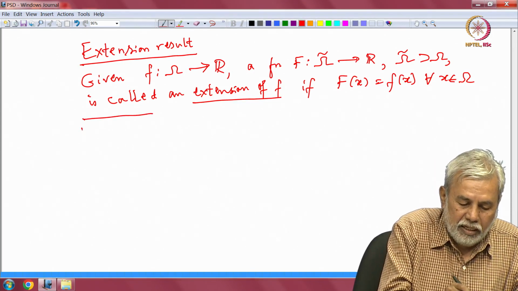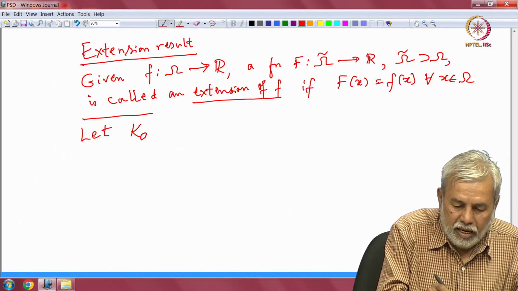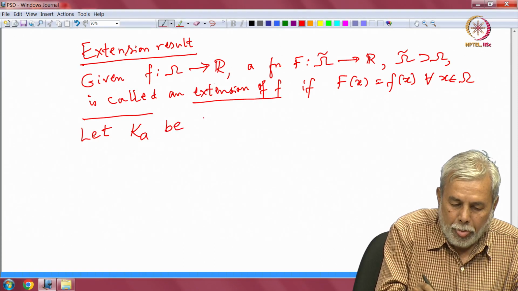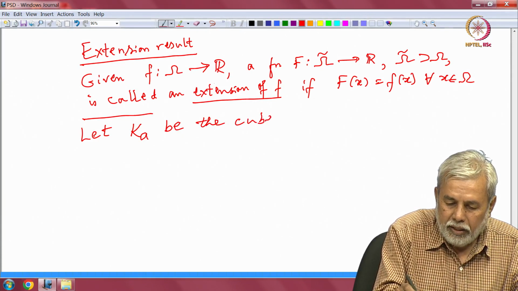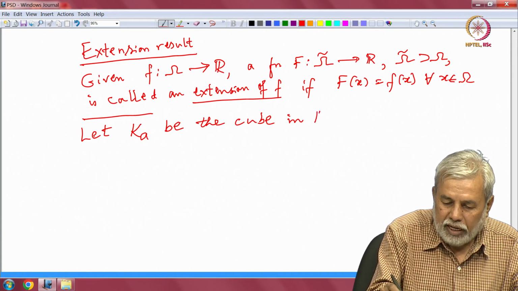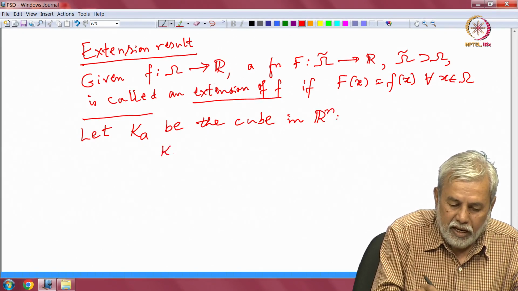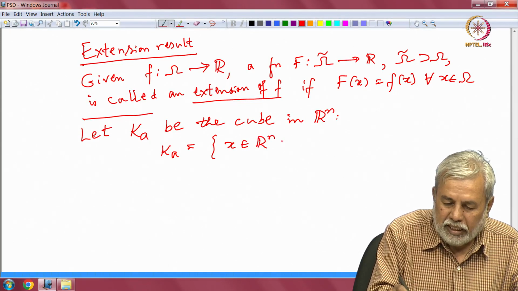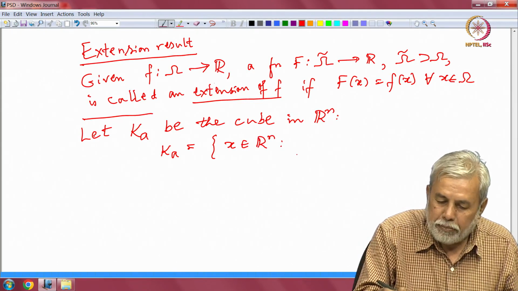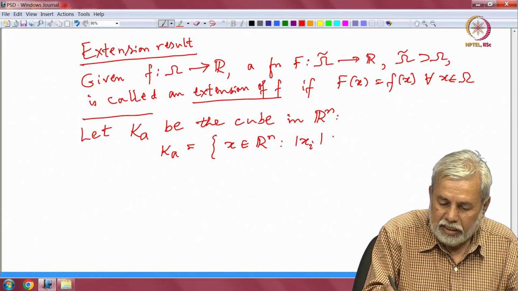First let me introduce some notations. Let K a be the cube in R^n, whose side length is 2a. This K a is the set of all y in R^n, a special case of a parallelepiped, such that the modulus of y i is less than a.